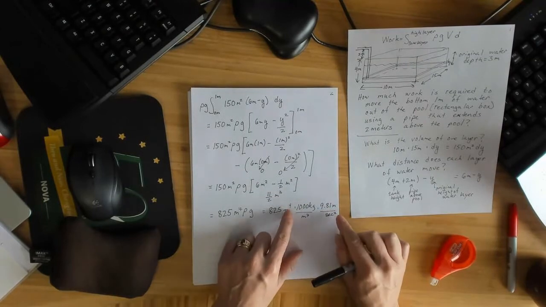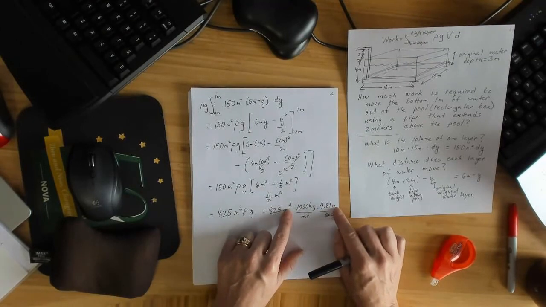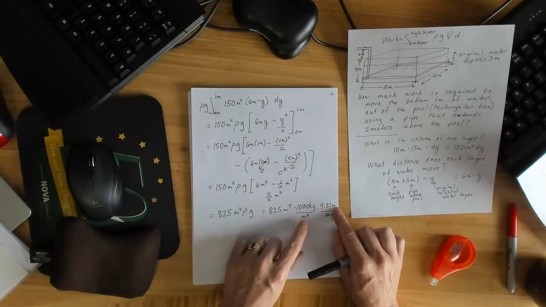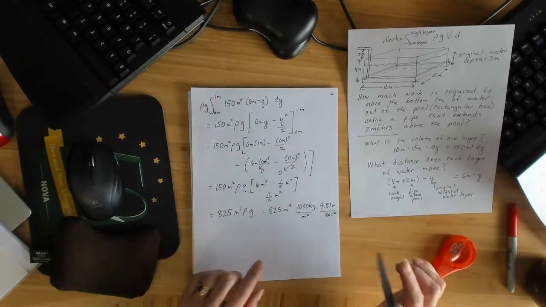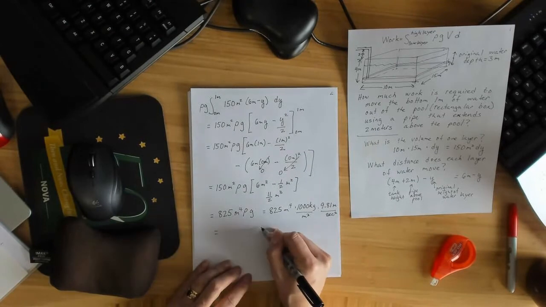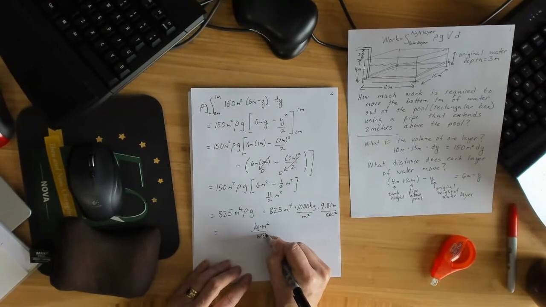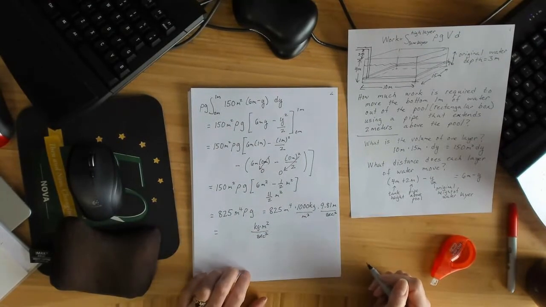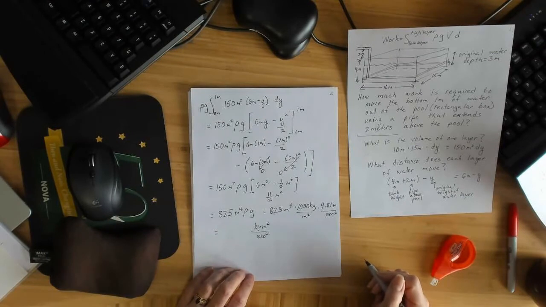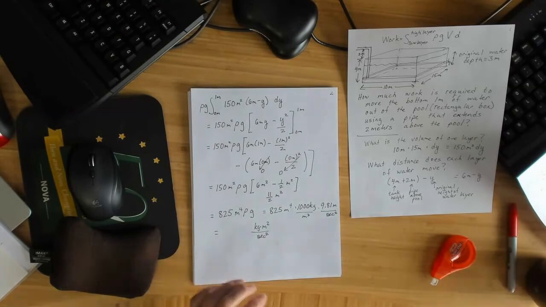And now I have meters to the fourth times meters, which is meters to the fifth, divided by meters cubed would give me meters squared. So I am going to have meters squared on top with a kilogram and per second squared. Kilogram meter squared per second squared, that is a joule. So my units worked. All I need to do now is compute the number.